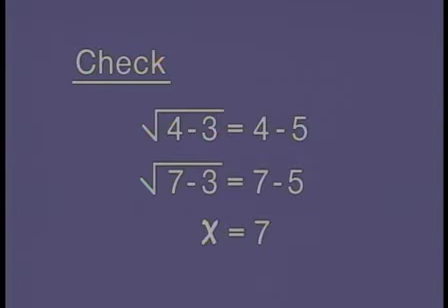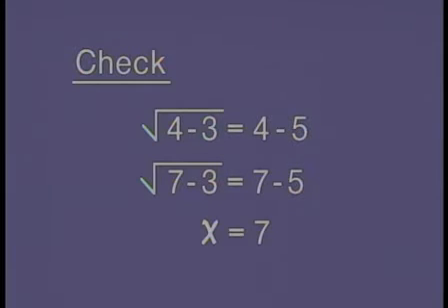The square root of 4 minus 3, again, we replaced x with 4, which is 1, equals 4 minus 5. But wait a second. 4 minus 5 is negative 1. Does 1 equal negative 1? No, it does not. x equals 4 is not a solution to the original equation.